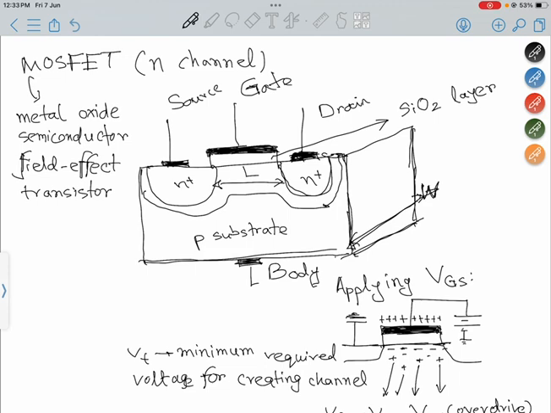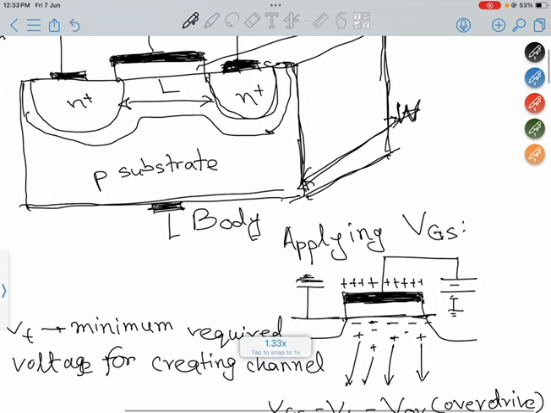So how does the MOSFET operate? If we apply a small voltage between the gate and source terminal, we'll find that due to applying positive voltage, positive charges will accumulate on the metal side of this oxide layer, and the oxide layer will act as a dielectric, and so both ends will operate as a capacitor.